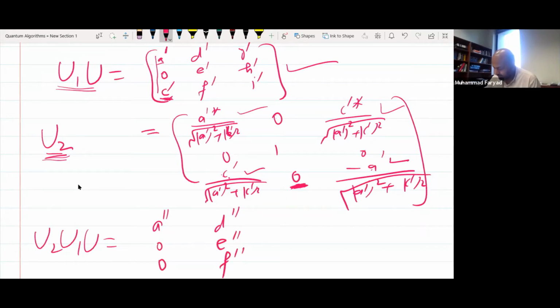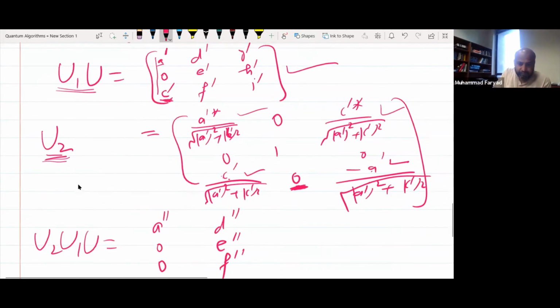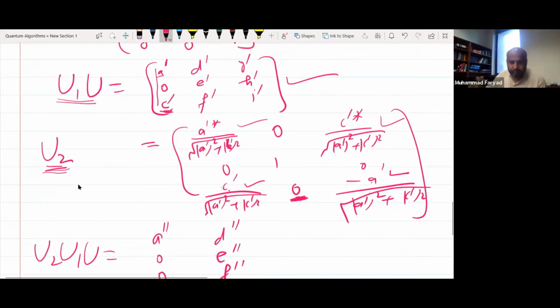Something here, and this was some G prime. Actually, we can even do better, because I want to get a 1 here. Because I got A prime mod square plus C prime mod square over here.